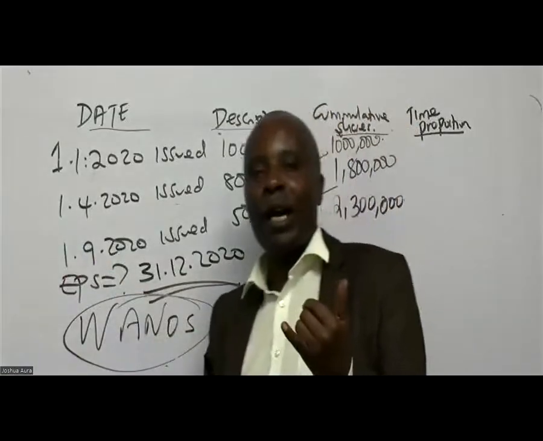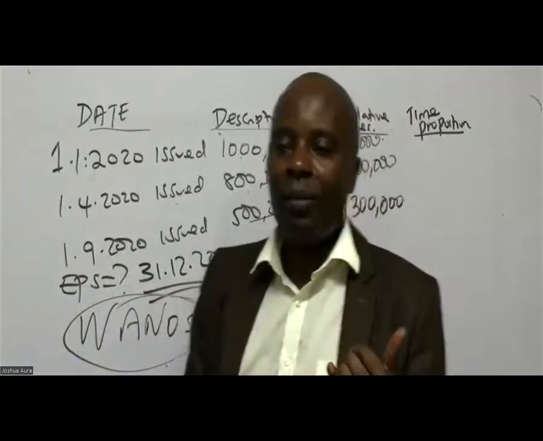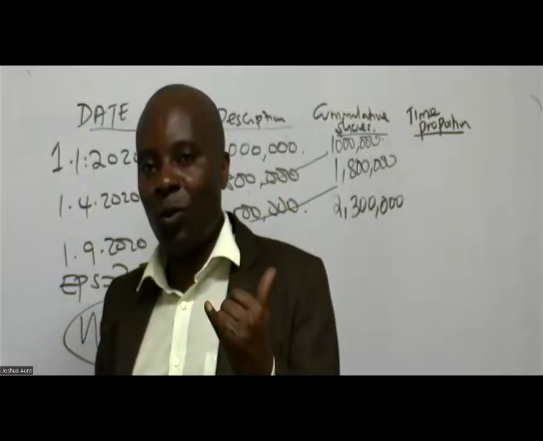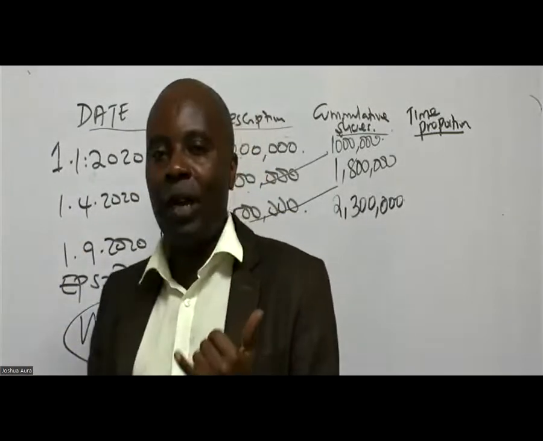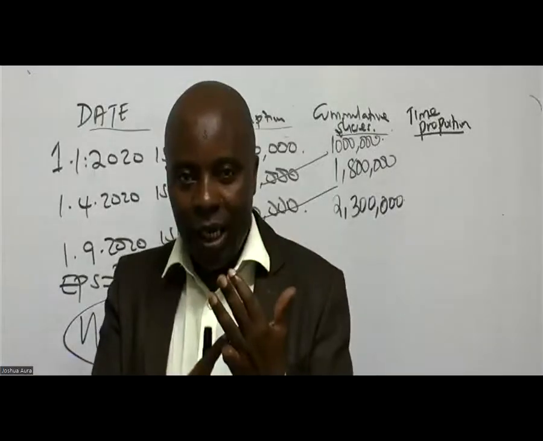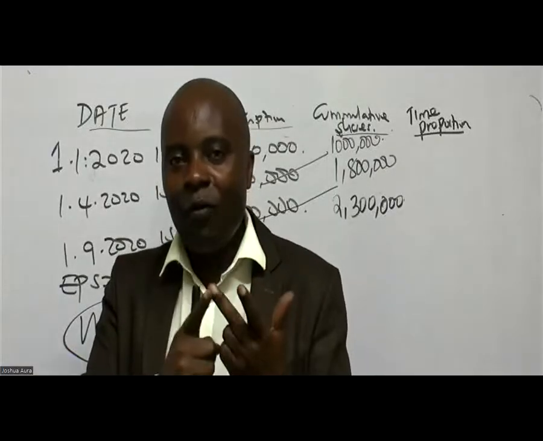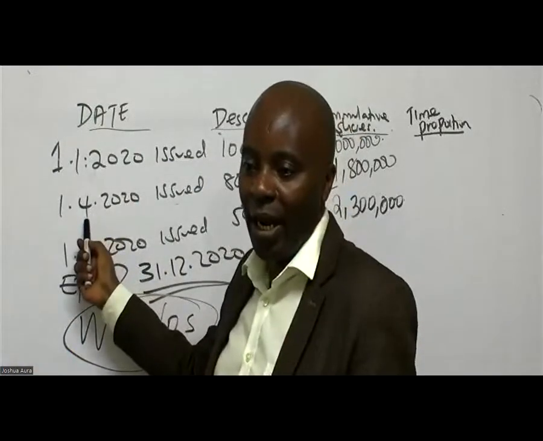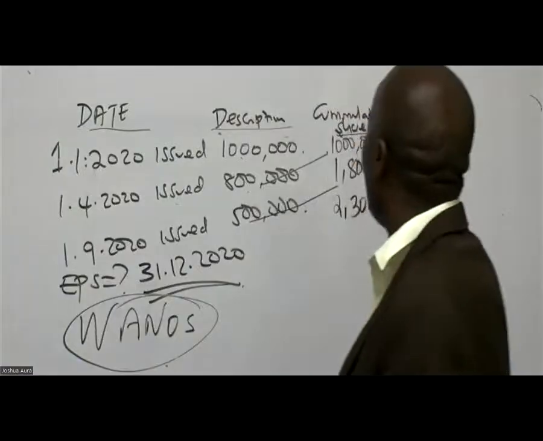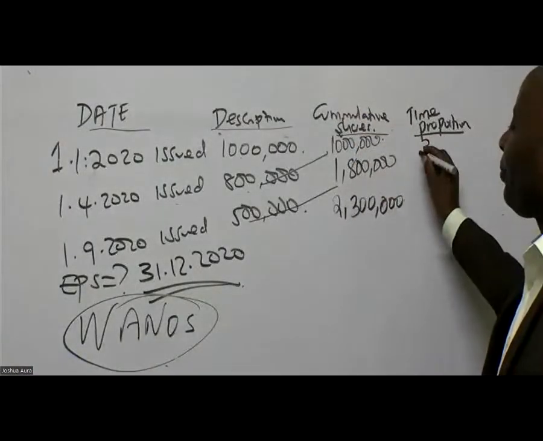How many months do we have here? We have January, February, March. Don't count April, because in April we were just beginning. So here we have 3 months.